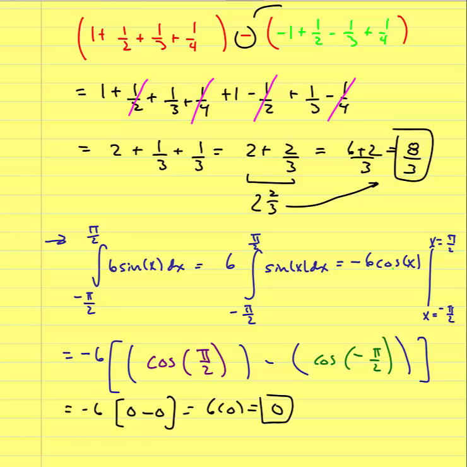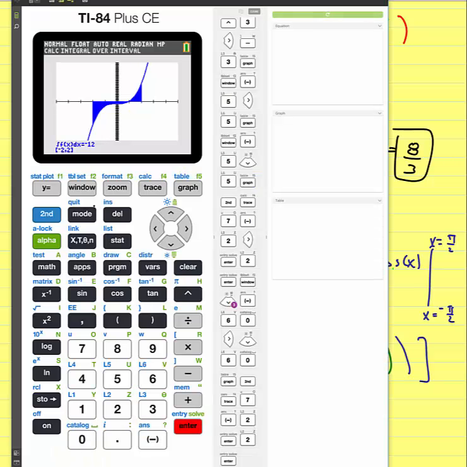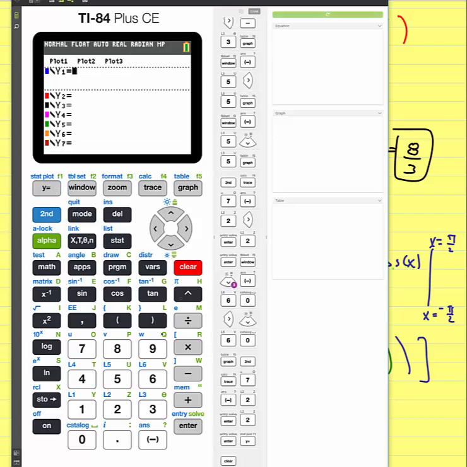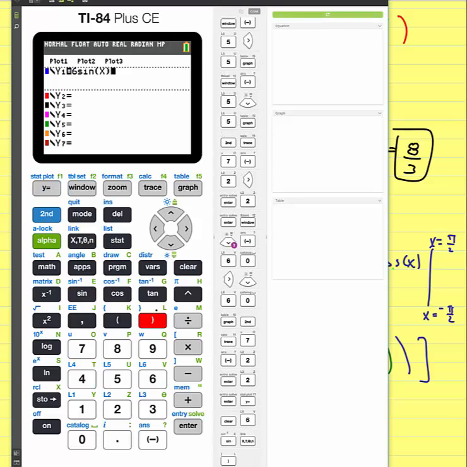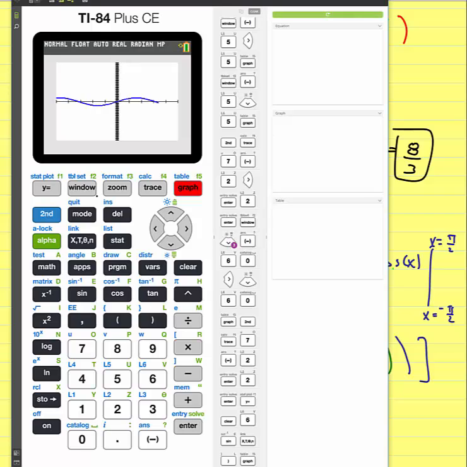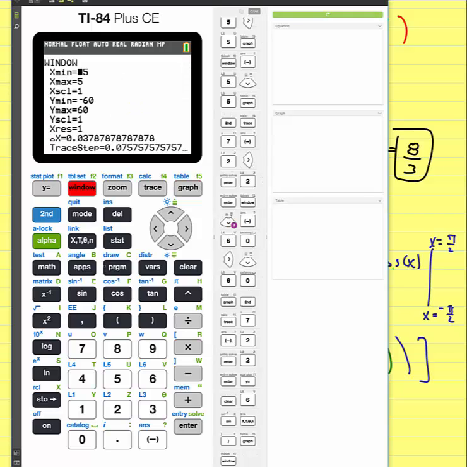We can graph this real quick to check. So let's graph 6 sine of x. And again, you can evaluate this directly from the other screen, but I like to look at the graphs. And this is from negative pi over 2 to pi over 2. But let me go ahead and put in my graph first. So negative pi over 2 would be about negative 3/2.